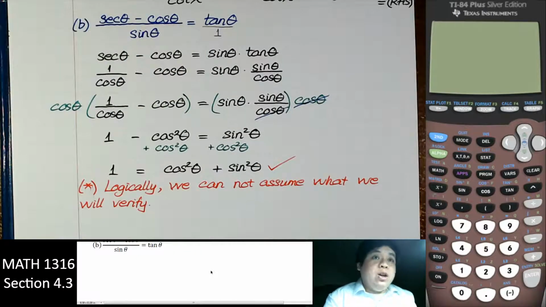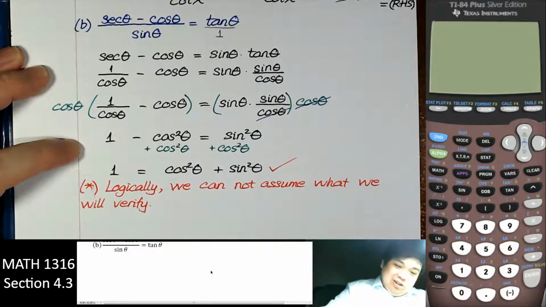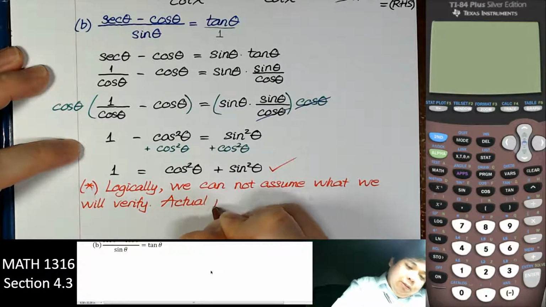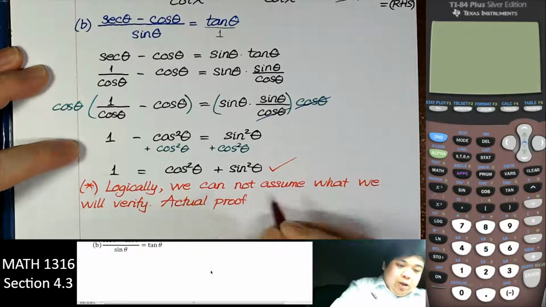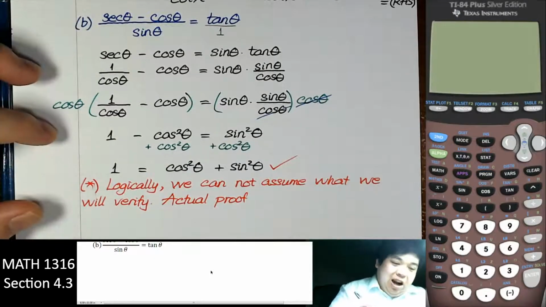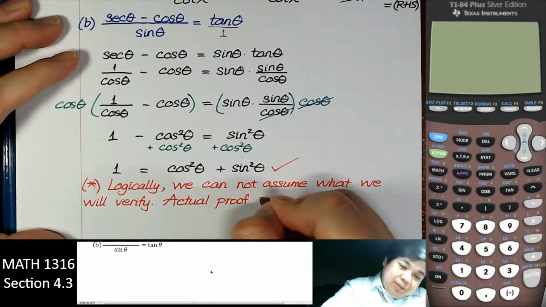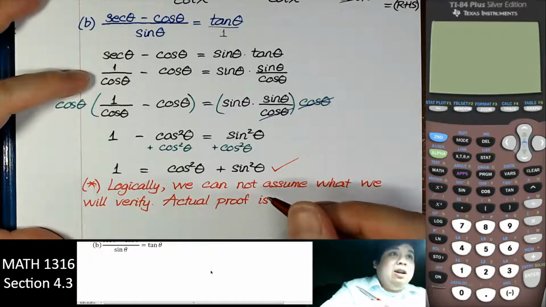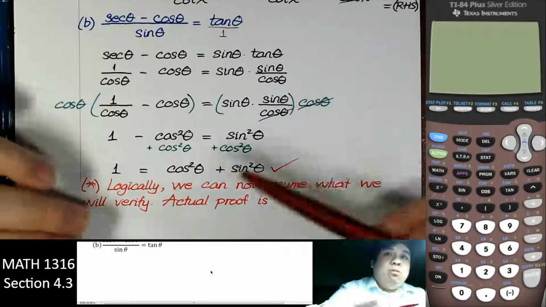However, what we can do is we can write this in reverse, and logically it will work out just fine. So the actual proof is the reverse of what we just did. The actual proof we can write from the bottom to the top.